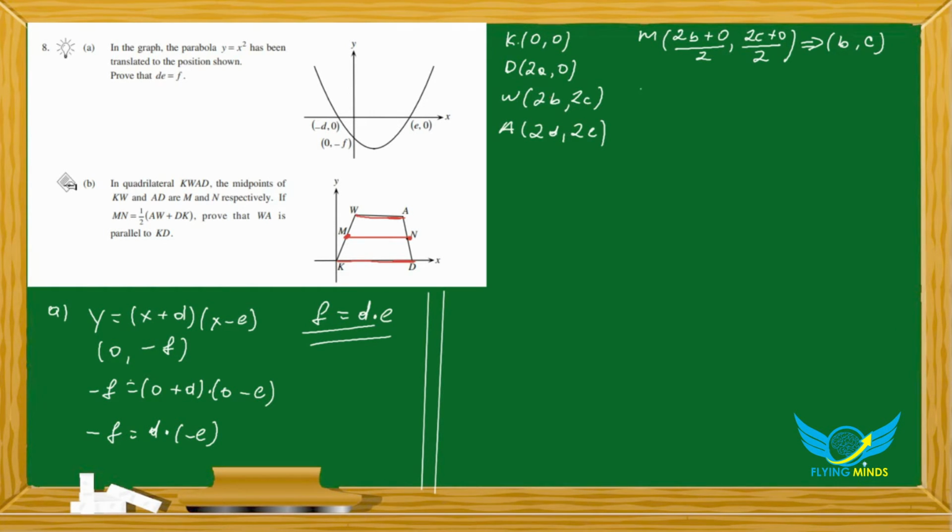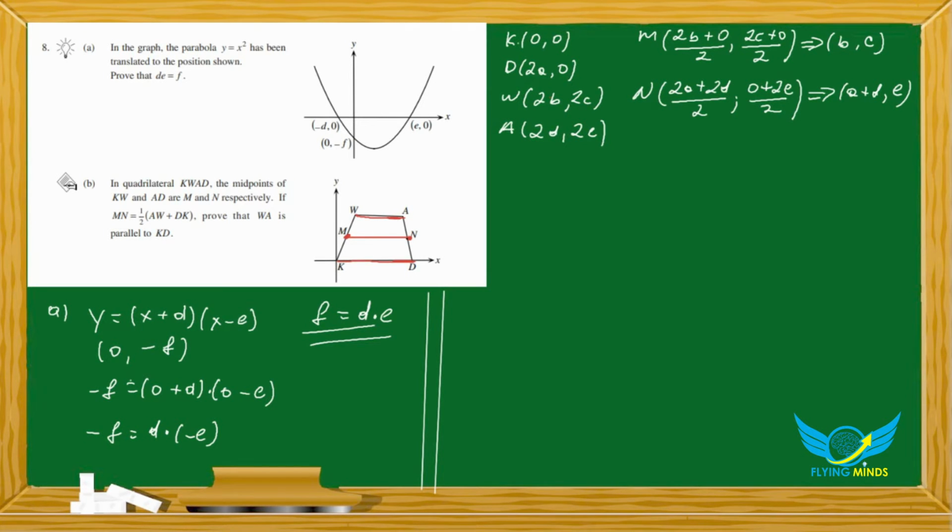For point N, applying the same logic, it will be 2a plus 2d over 2, and 0 plus 2e over 2. So it will be a plus d and e. Okay, so we have our midpoints.